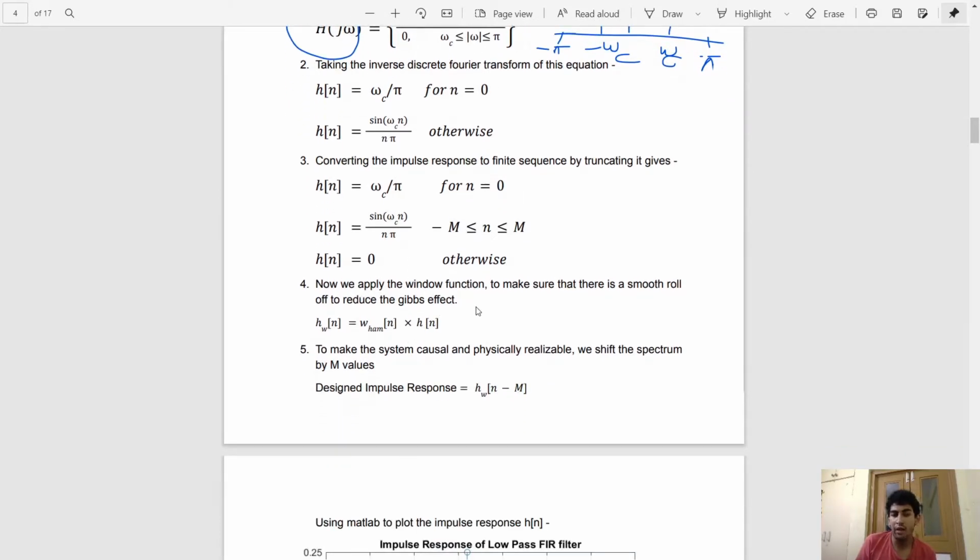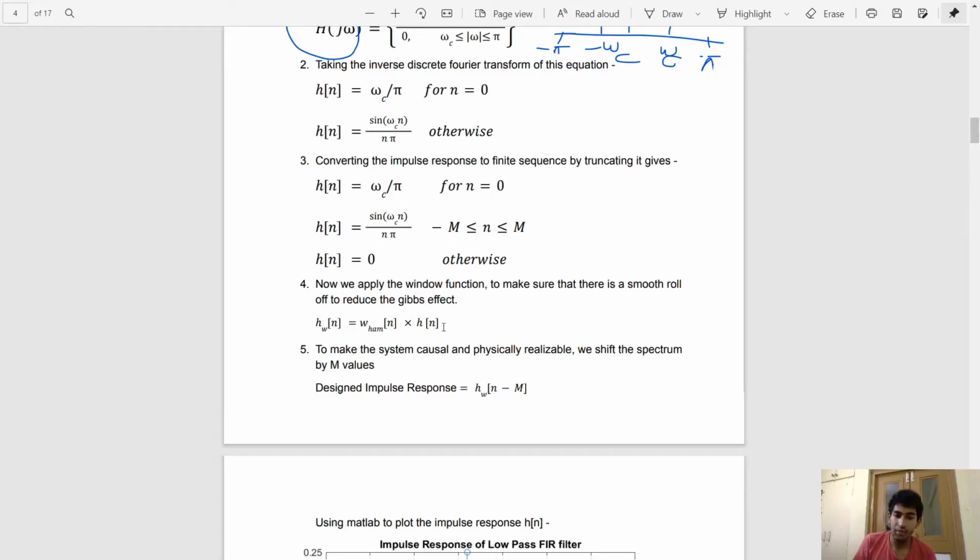Now, to take care of the Gibbs effect, because when we truncate like this there will be a sudden fall in the h of n values when we reach the endpoints minus M to M, it is required to smoothly decrease the values from 0 to M. To do that, we use a window function, and as discussed above, we chose the Hamming window function.